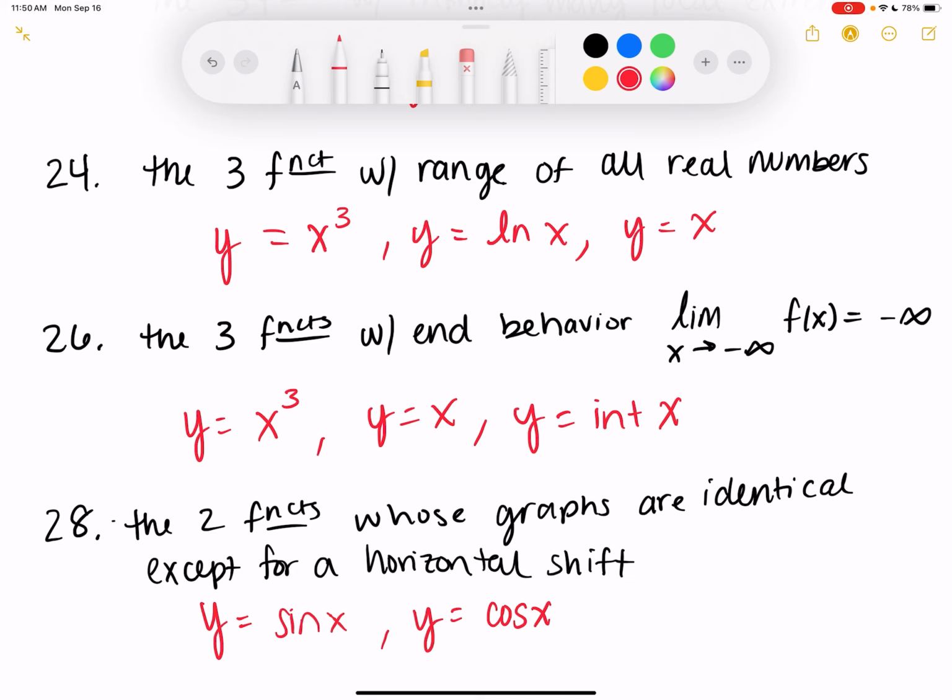Okay, so with this section, this is how the quiz and test will work with this stuff. One of your questions will 100% be list the 12 basic functions, and when I say that, I don't want a picture of the graph, I don't want the name, I want it written like this, as either y or f of x equals, and whatever the function is. So I'm telling you with certainty you need to be able to list all 12 of them.